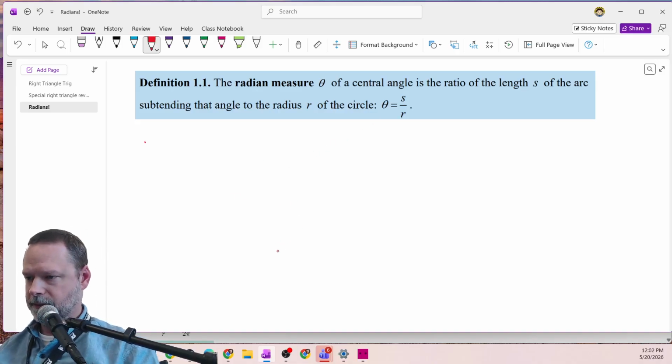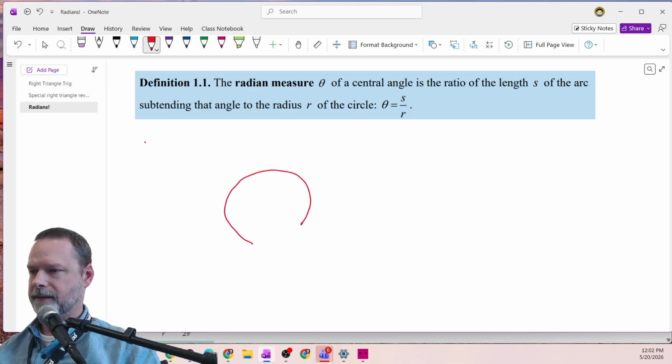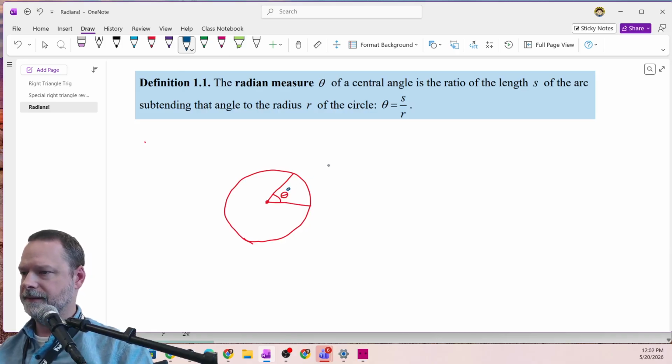And so really quickly, let's draw a little bit of a picture here and try to get you to understand. Pretend like this is right in the center and I have an angle here. Let's say it's theta degrees. In our case, we'll go with degrees because I want to start with degrees.